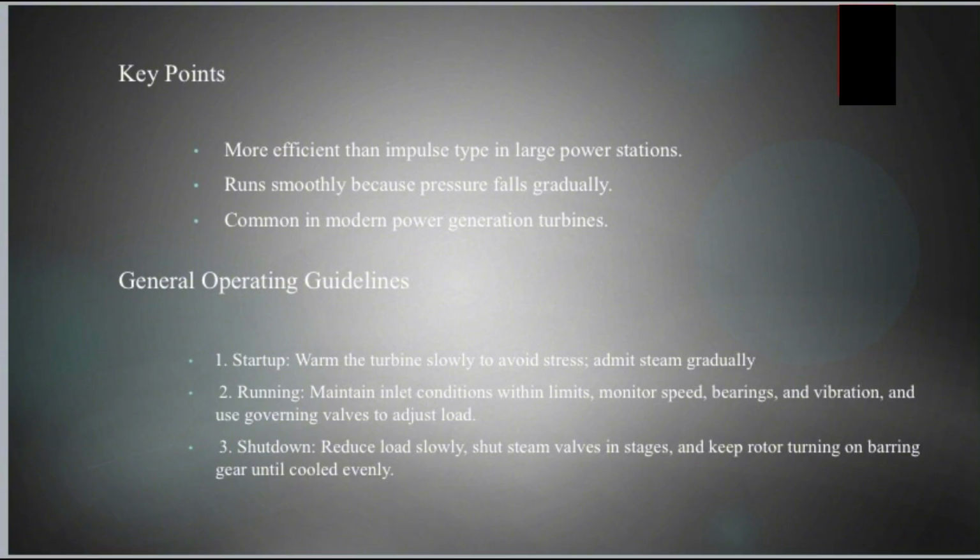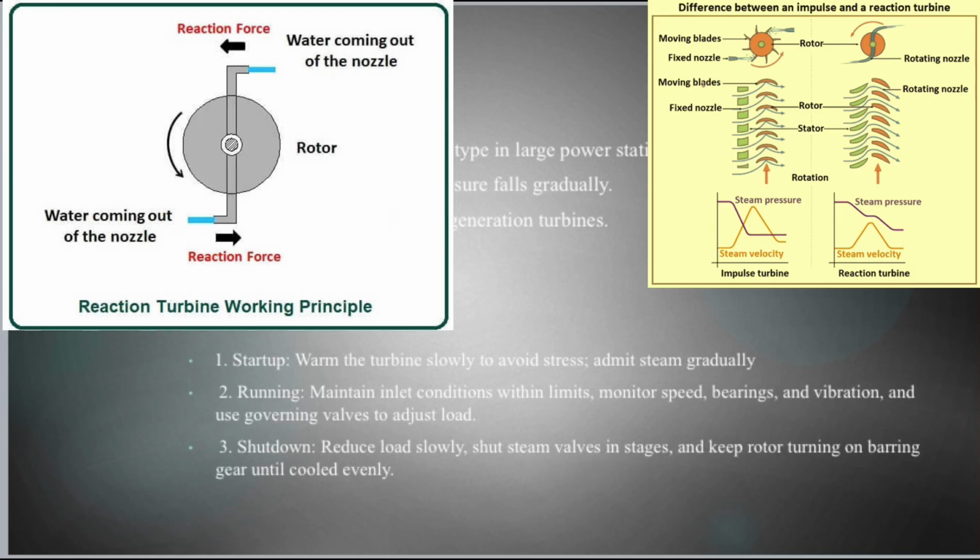So the key points: more efficient than impulse type in large power stations or power plants. The reaction turbine is more efficient than the impulse type because it is designed for use in large power plants, power stations, or large auxiliaries.